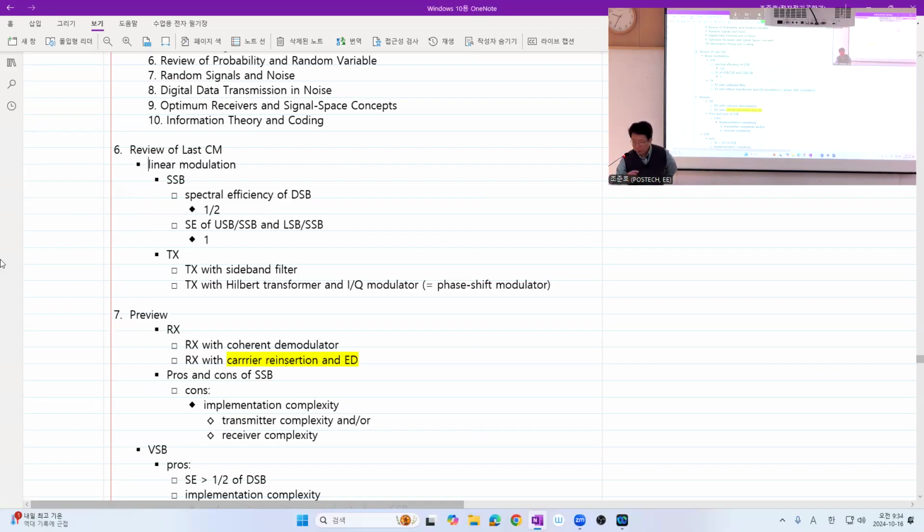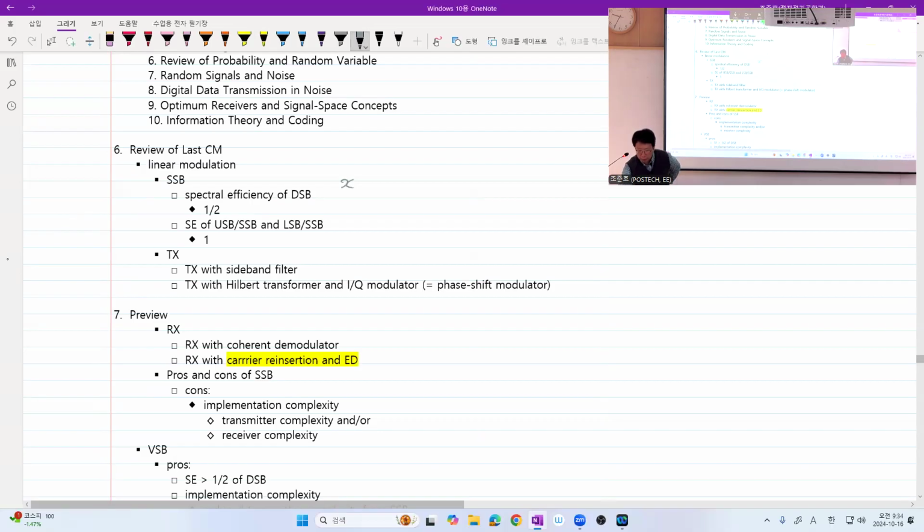And the DSB family had a commonality in that we have the transmitted signal, or a model of the transmitted signal, given in this form. So this real valued bandpass signal does not have the so-called quadrature component if you view this single term as the in-phase component.